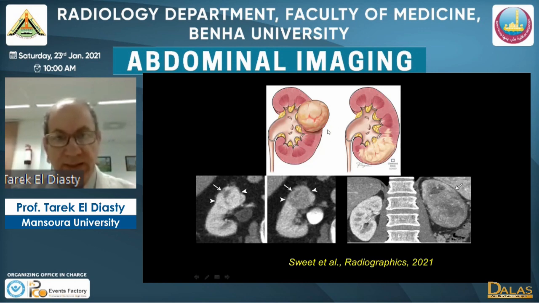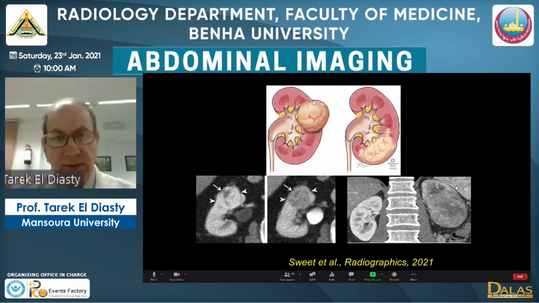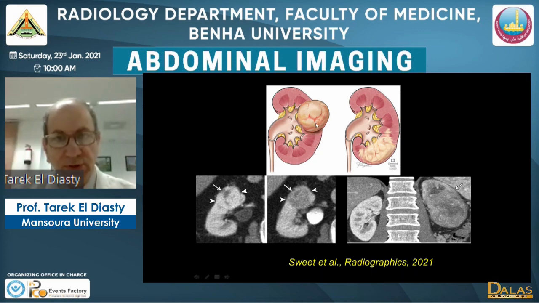The specific growth pattern and consequent specific features for renal cell carcinoma and others. This is a well-defined expansile lesion which characterizes most renal cell carcinoma, and this is the infiltrative type for other lesions.